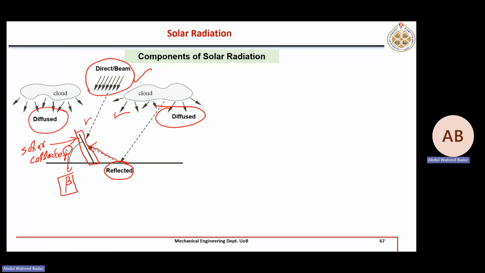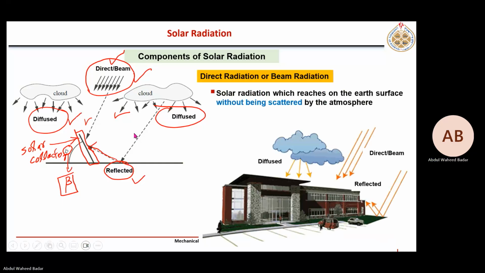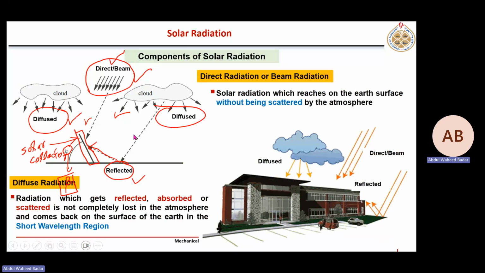So the total amount of radiation which this solar collector or any other surface is intercepting consists of these three main parts, but the majority will be beam on a clear day. Next will be diffuse and the reflected part from the surrounding surfaces. That is explained here. You can read it by yourself.